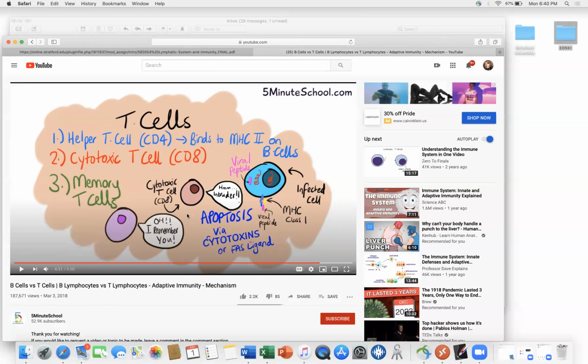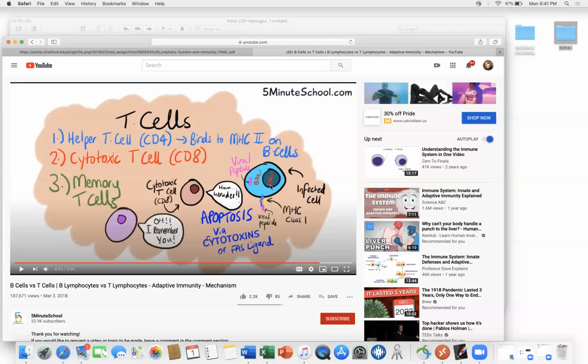But the cool thing about cell-mediated immunity, or immunity via T cells, is that the CD8 T killers recognize the virus being produced in an infected cell. So you could see how the T killer does two things.